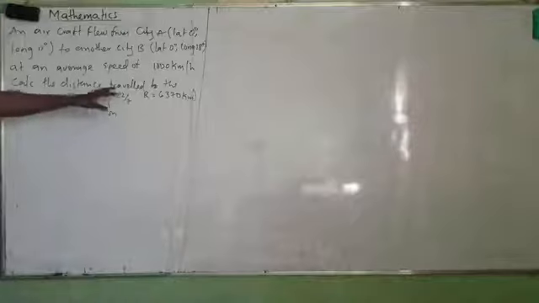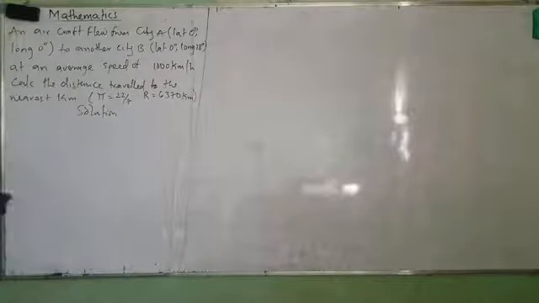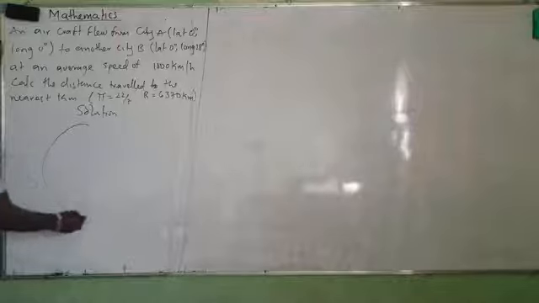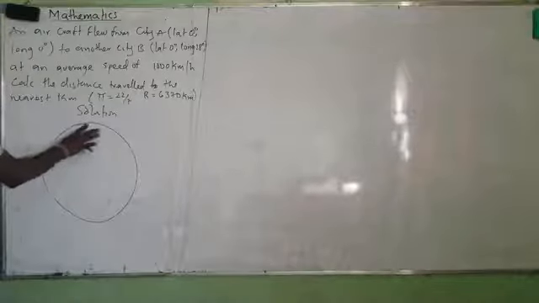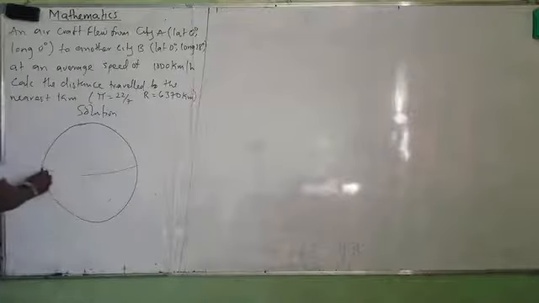Calculate the distance traveled to the nearest kilometer. Solution to this question. Now, this is a very funny one. I just need to understand what is on ground. Now, we have 0, 0. Since it's 0, I will have 0 here because that is my great circle.